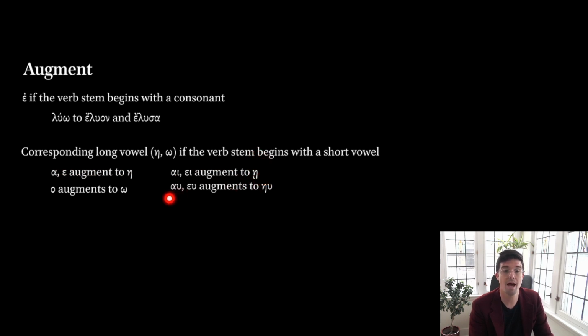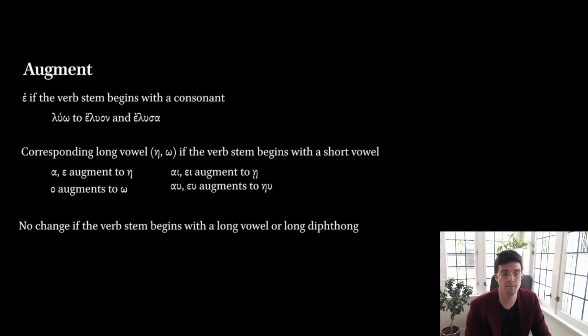And then if a verb stem begins with an alpha upsilon or an epsilon upsilon, once again we'll have the lengthening to an eta, but the upsilon doesn't subscript. There's no upsilon subscript, so it will stay in line with the eta there. So the lengthening is indicated by the eta. And our third form of the augment is going to be no change at all. This is what's called a zero augment.